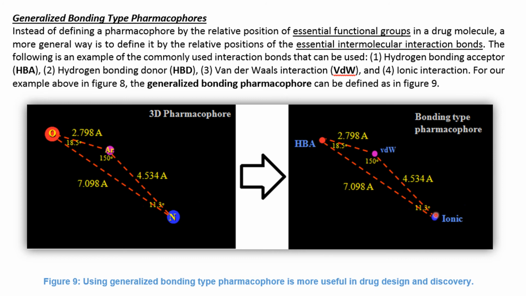And here I need a positive ionic group. So this is a more general definition that could be used to describe the pharmacophore for the active molecule.